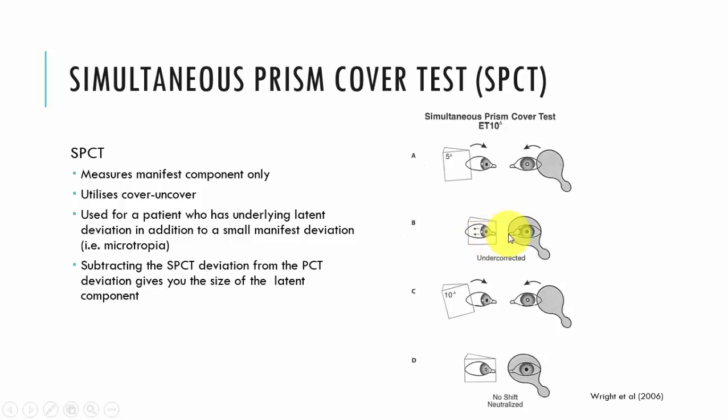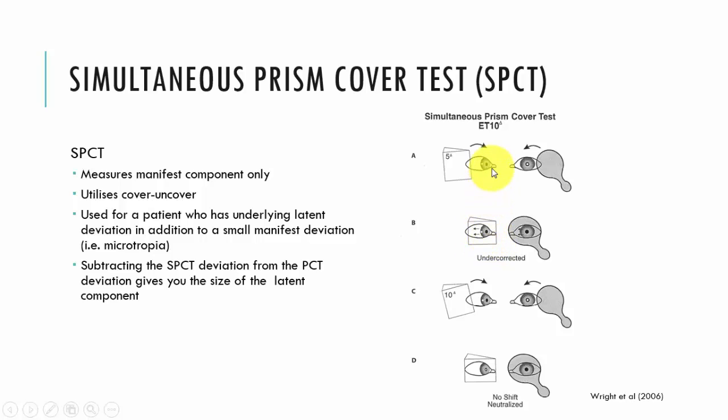And so as we see here, the prisms come on at the same time as the cover, and in this particular instance it's indicating that we have an undercorrection, because as the cover has come on and the prism has come on, what you'll watch for is movement under the prism. And what we have here is the eye moving out.